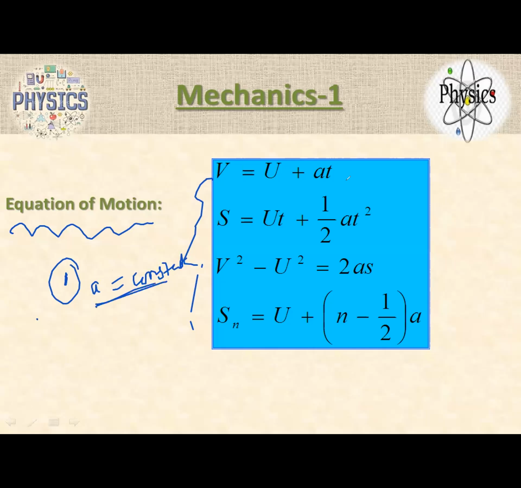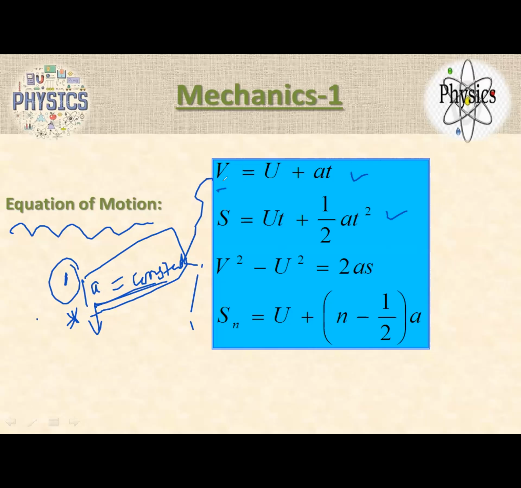If someone asks what assumption was made while writing these equations, the assumption is that the object is in constant acceleration. So remember this: A is constant. These are the 4 equations you have to remember.